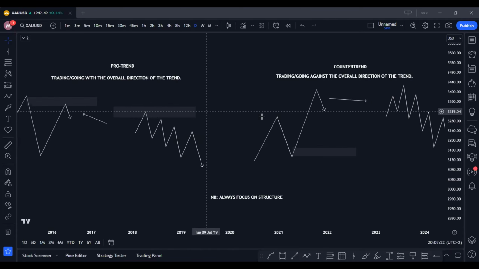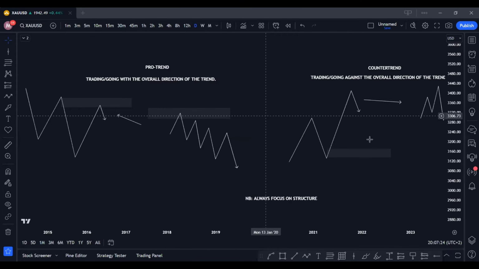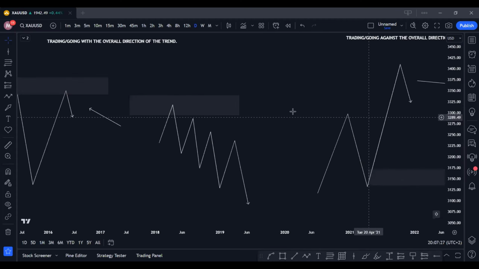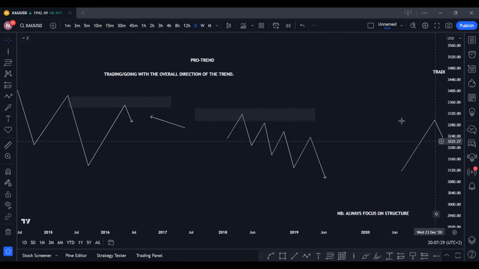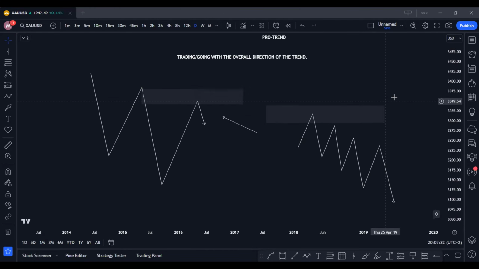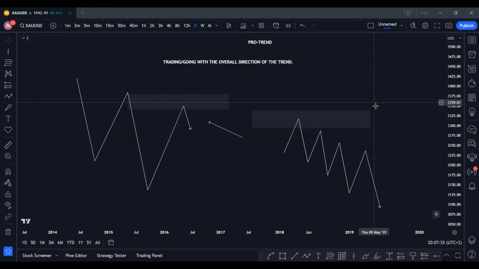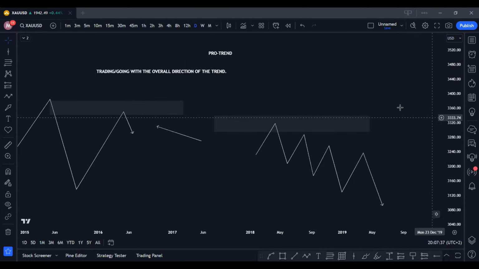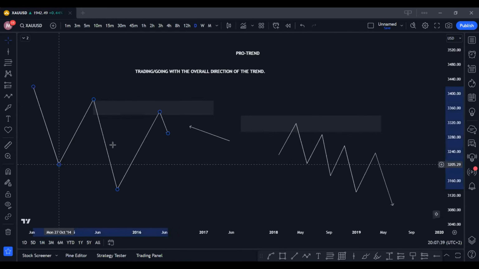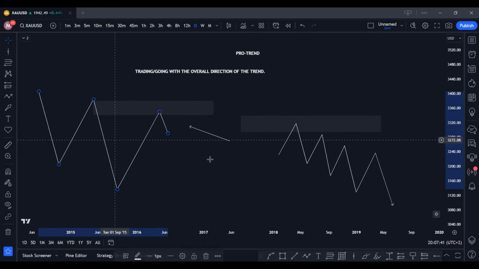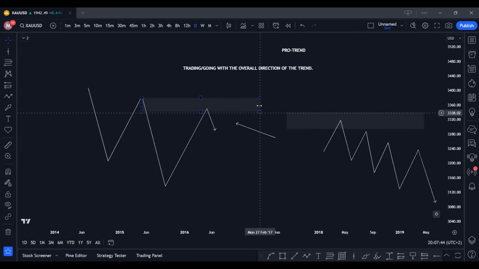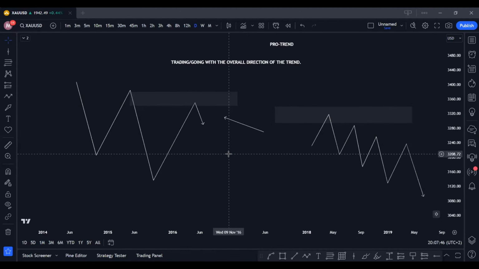So without further ado, let's start with our pro trend examples, textbook examples. With your pro trend trades, you're going to look for your market structure, obviously.